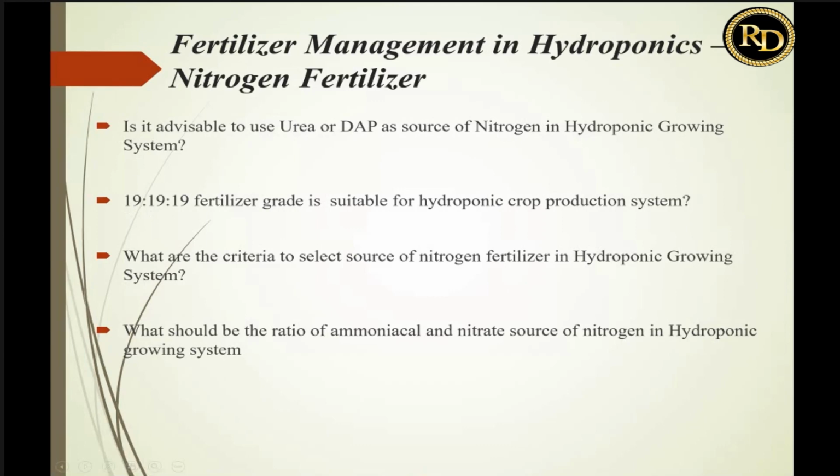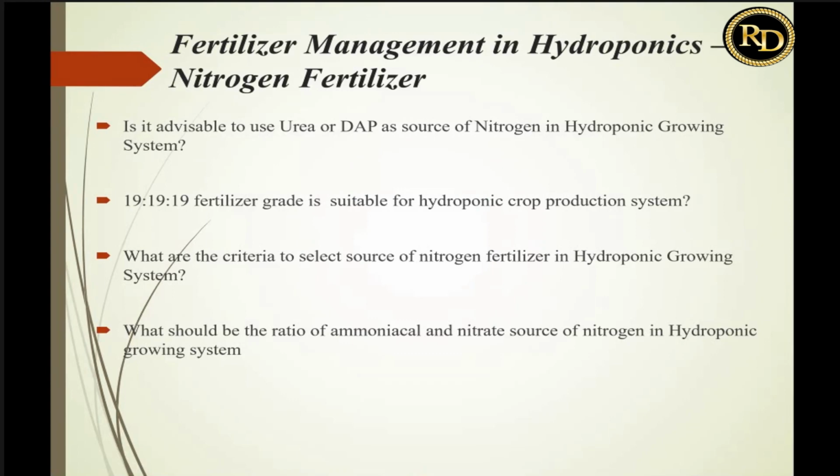One is a nitrate source, another is in the form of urea. Urea is not at all recommended or advised in hydroponic growing systems. And that's how 19:19:19 is also not a fit fertilizer for hydroponics. Many guys are using it, but it is not fit.